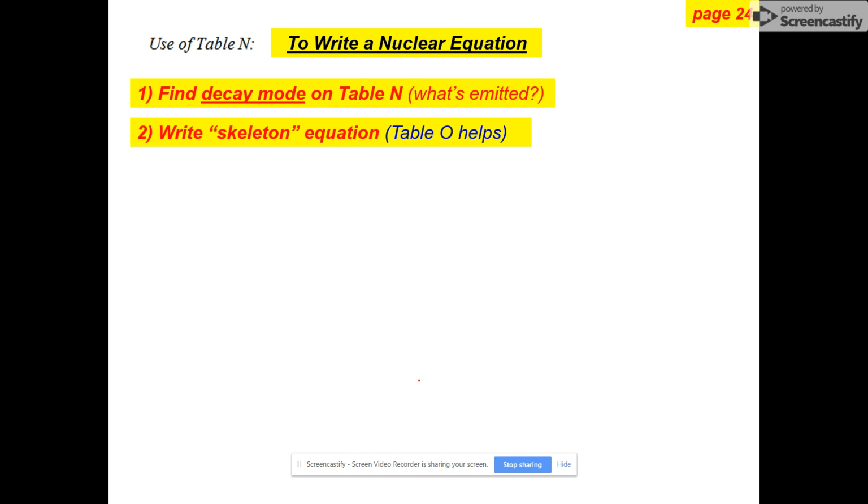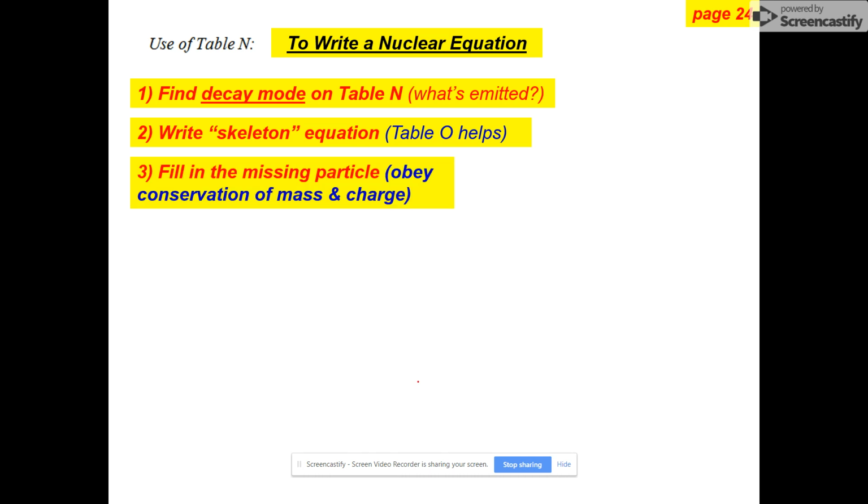Table O will help you with this to write in the correct notation for the particles that are emitted. Then you're going to fill in the missing particle. That will be the new element that is created, actually. And to figure this out, we will follow the rules of conservation of mass and conservation of charge. So get these written down, and then hit pause, and then I'm going to show you an example, and this should make a lot more sense.